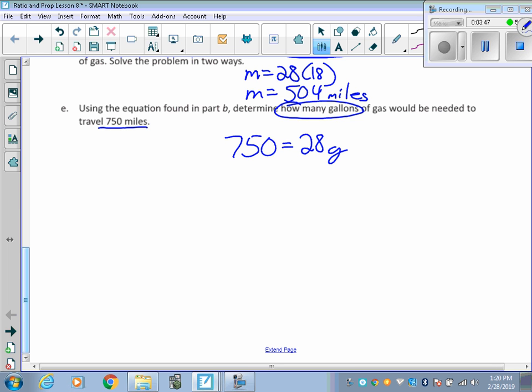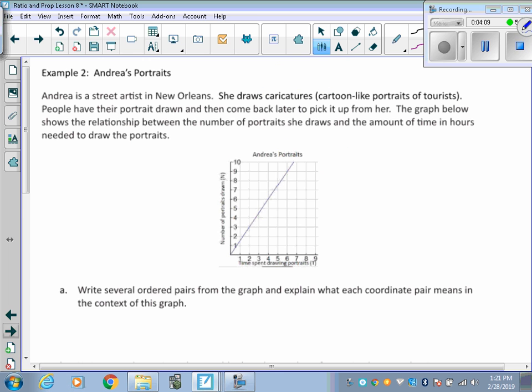This is a one-step equation, so you just divide both sides by 28, and you get G equals 26 and 8/10 gallons. So 26.8 gallons. So that's page 1. Again, you can always go back on Google Classroom to look at this again.